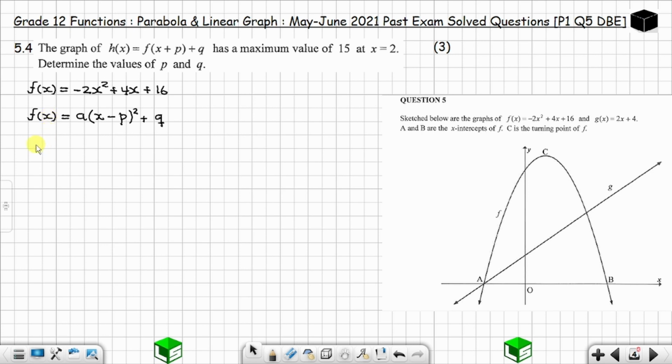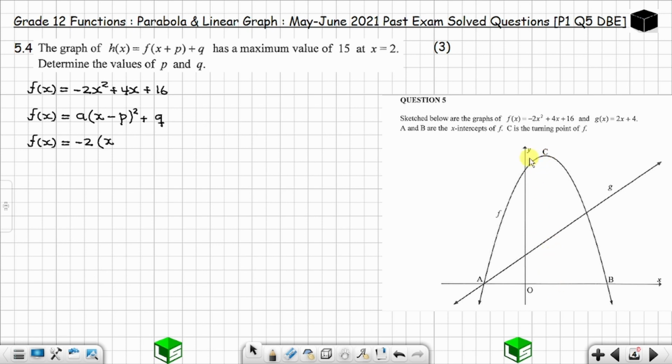So f of x is equal to, what is a? a is the coefficient in front of x squared, so a is equal to negative 2. In bracket, you have x minus, what is p? Remember, p is the x coordinate of the turning point. And we found that the x coordinate was 1 and the y coordinate was 18.